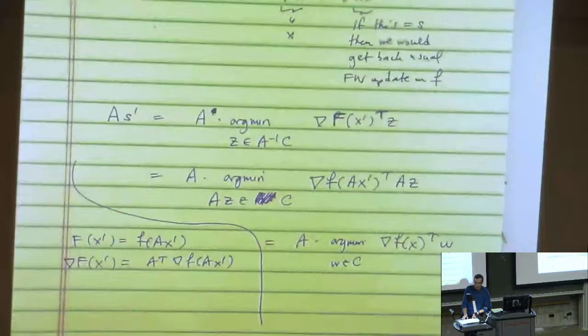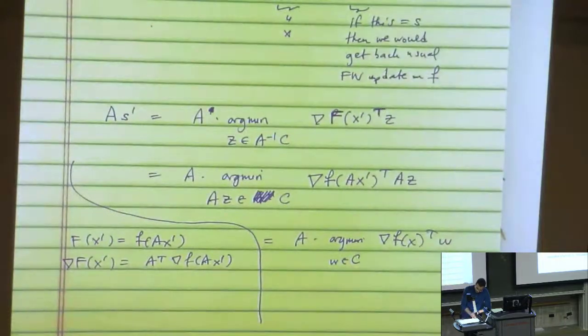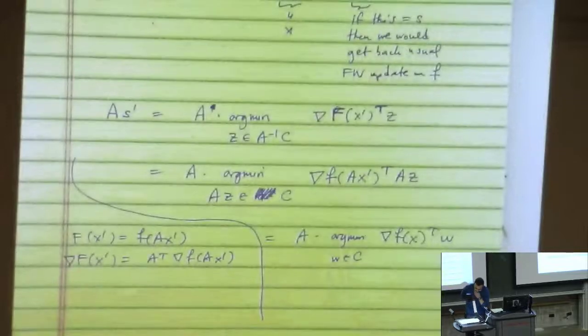Okay, so that's what the update looks like. And this should have just been the Frank-Wolfe update. So now somehow I have A times the update.